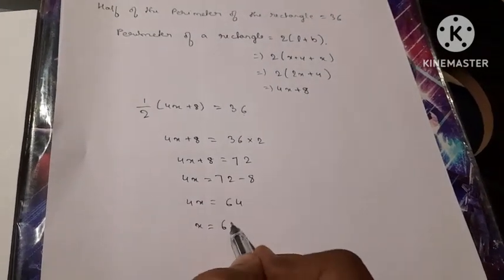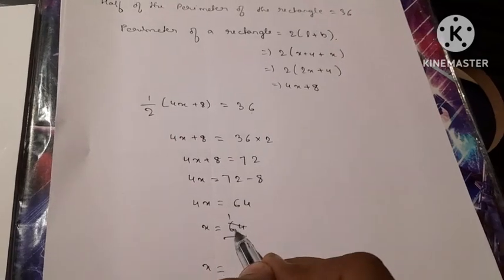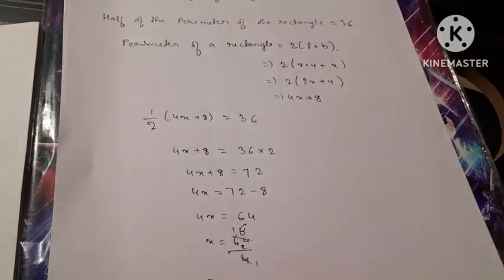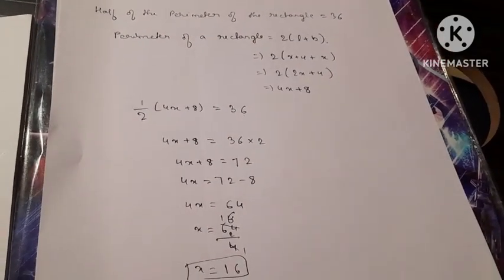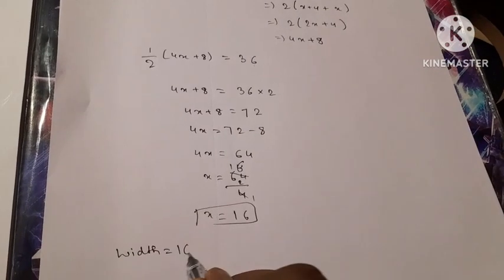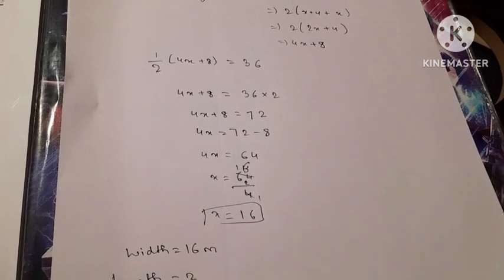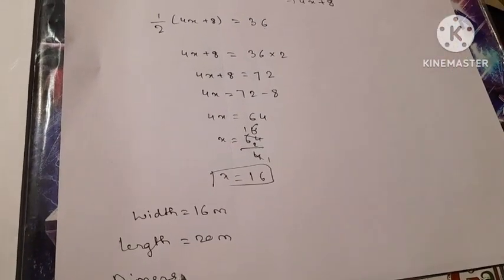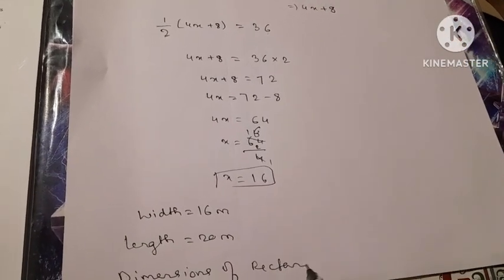So x will be 64 by 4, which is 16. So we got width is equal to 16 meter. Therefore length is 4 more, so 16 plus 4 is 20 meter. So these are the dimensions of the rectangular garden.